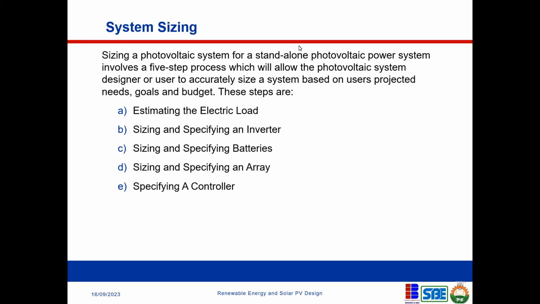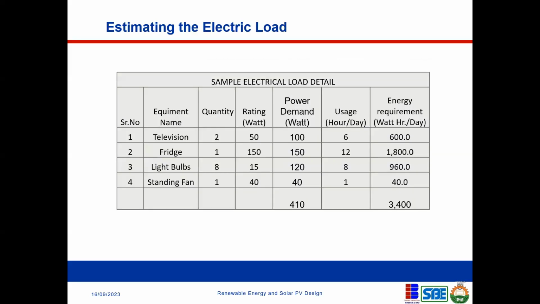The next is sizing and specifying an inverter, followed by sizing and specifying the batteries, then sizing and specifying an array, like the PV modules or the PV array. If you have strings and different strings of PV modules, then it becomes an array. Then you also have to specify a controller, or charge controller, as many of us know it today. So let us start from estimating the electric load.